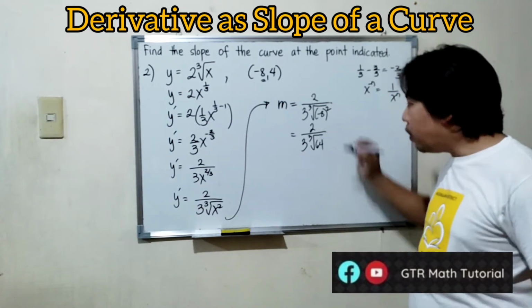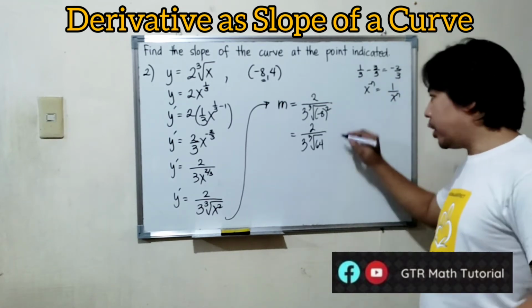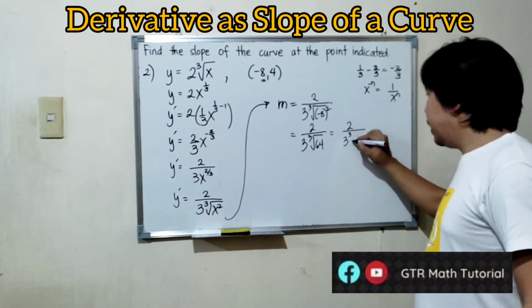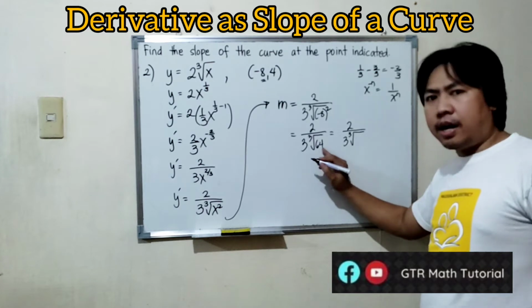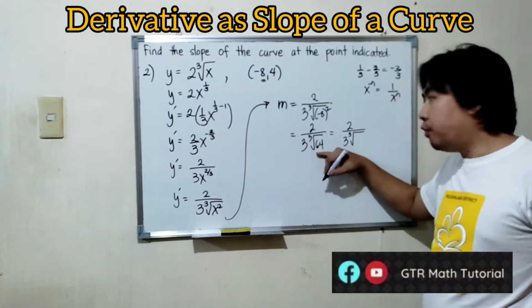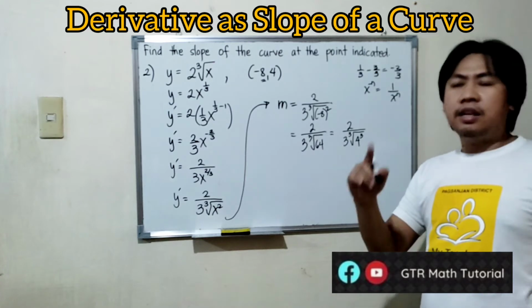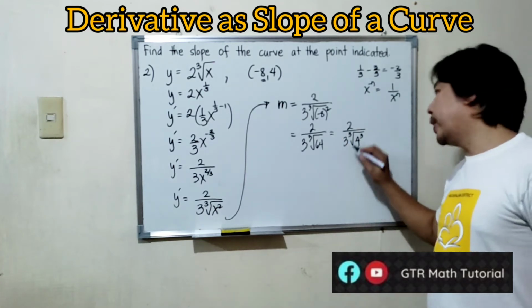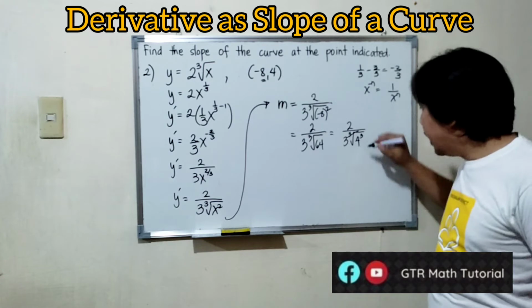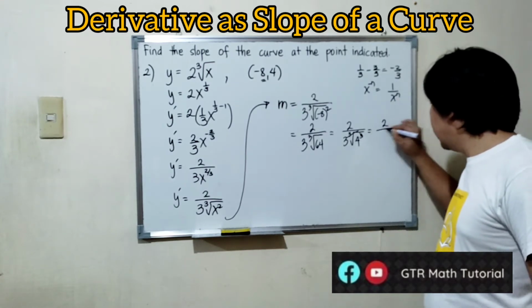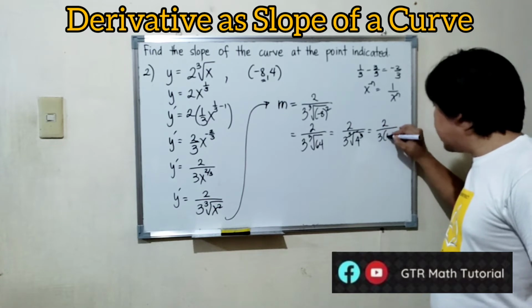Then the cube root of 64: 64 is a perfect cube, equal to 4 cubed. 4 times 4 is 16, times another 4 is 64. So we can cancel out the cube root and the 3. So we have 2 over 3 times 4.